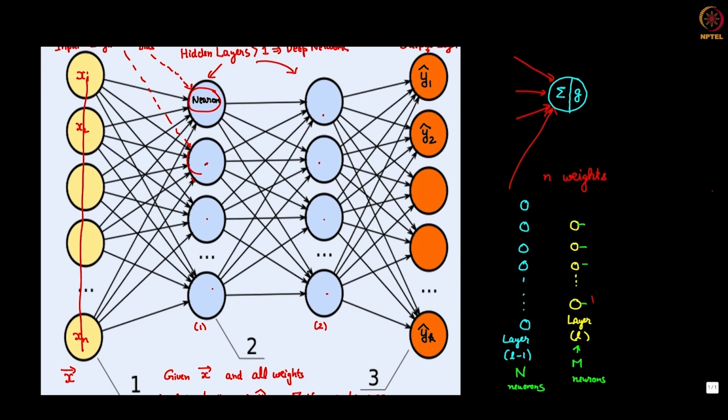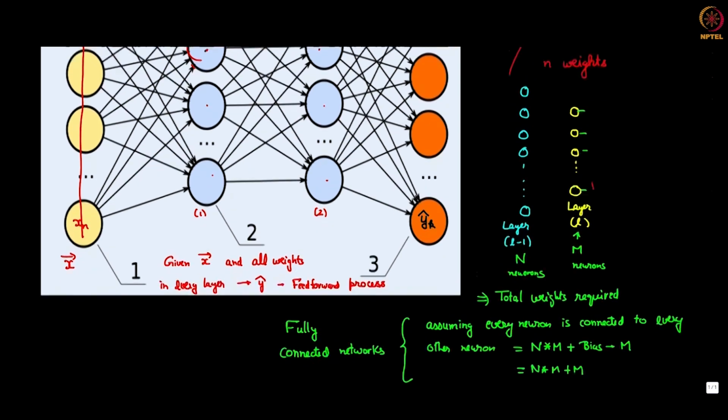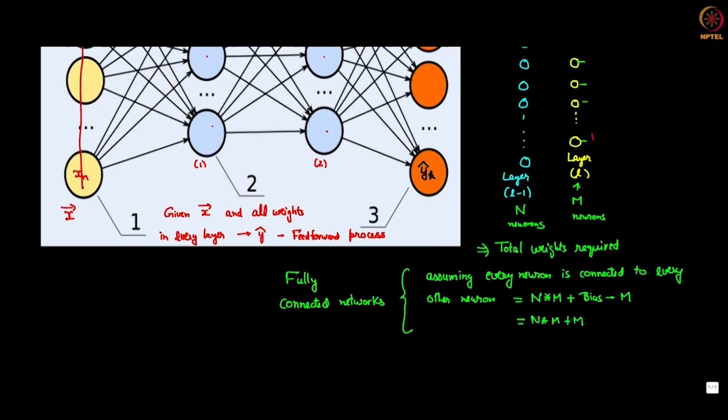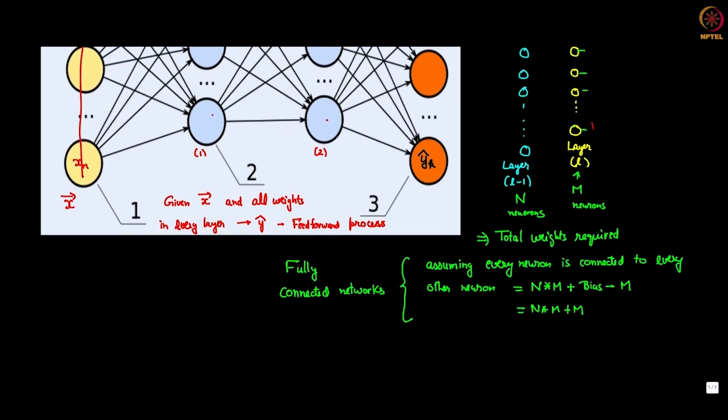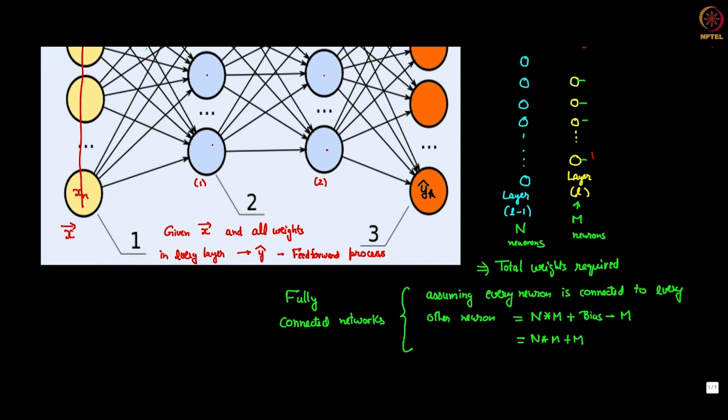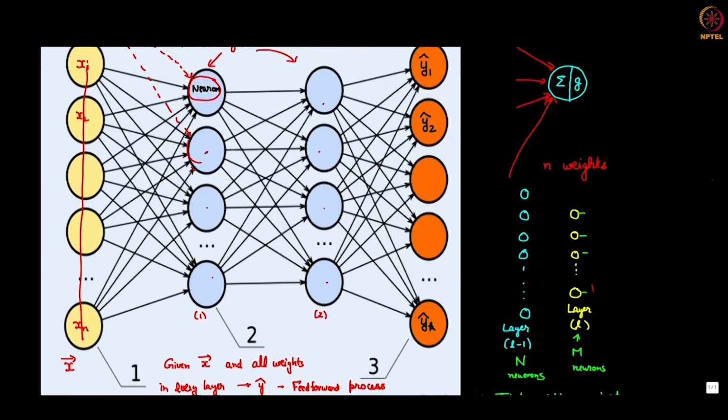In fact, we will see later in convolutional neural networks that we have only some of these weights non-zero, and most of them are zero, which means each neuron is connected only to a few other neurons in the previous layer. So, that would be a special case, but in the most general case, you can think of a fully connected network, sometimes simply called an FC network.